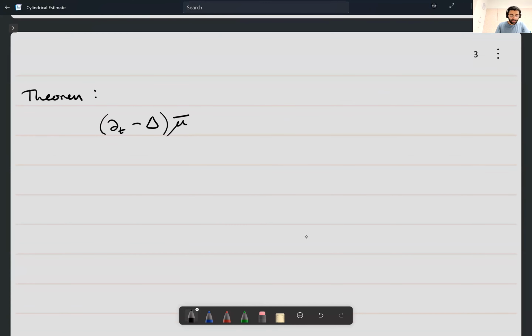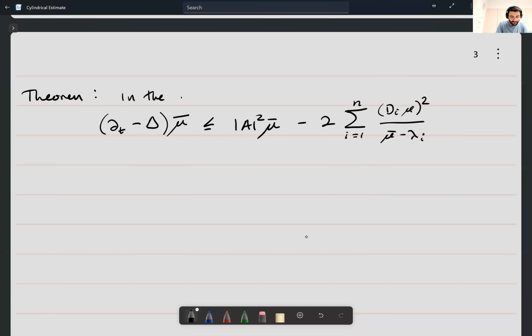So the heat operator on mu is less than or equal to A squared mu bar minus 2 times this thing, these first order terms, in the set where mu is greater than lambda n.